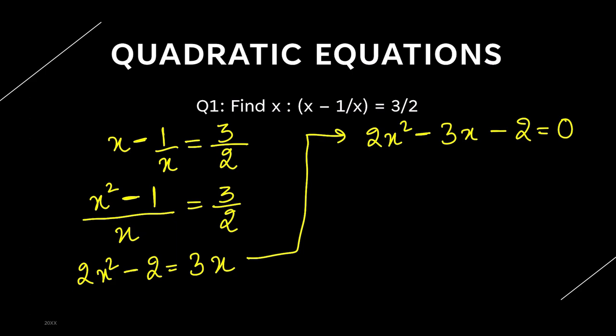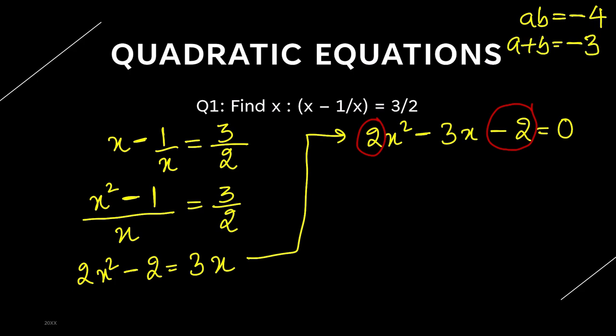Now, you can use any method you want, discriminant method or other method. I will use the other method and show you how to solve it that way. Multiply these two. So, the product of those two numbers which I am looking for is minus 4, that is minus 2 into 2. But the sum of those two numbers should be minus 3.